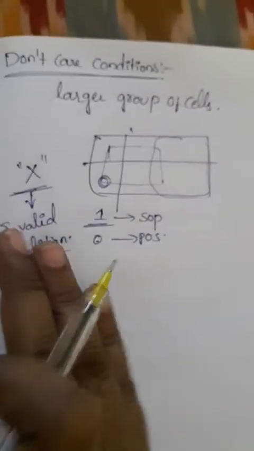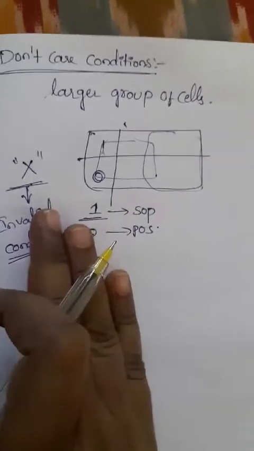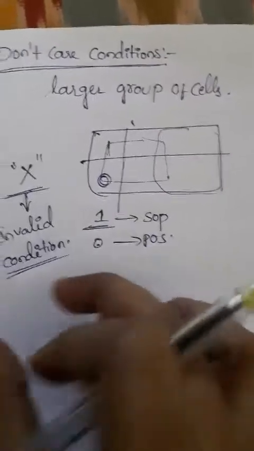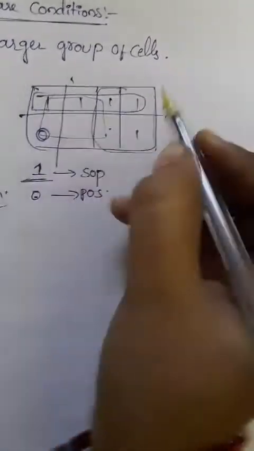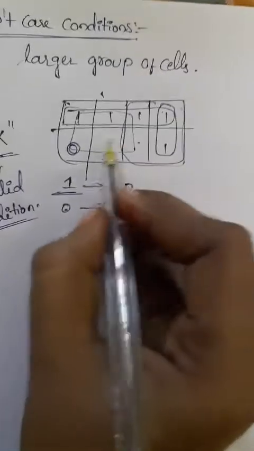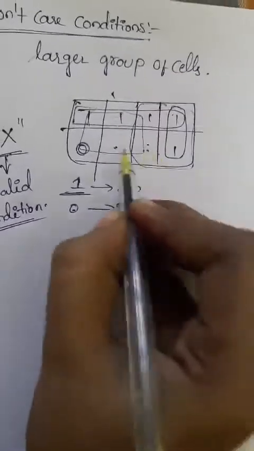Okay, so these don't care conditions allow us to replace the empty cell of a K-map. Suppose the cells are like this. Here one quad is possible and one double is possible. Just observe, these two are empty cells, no?